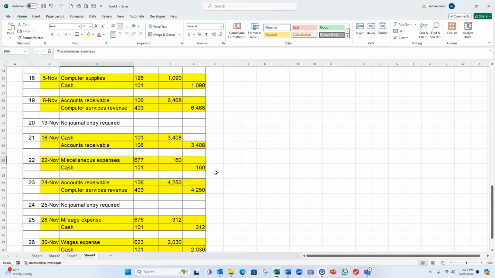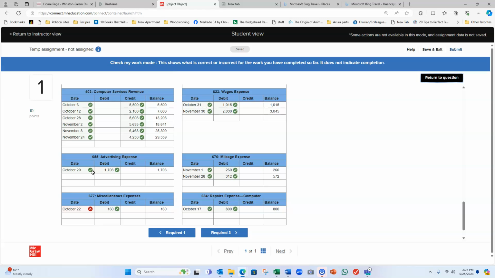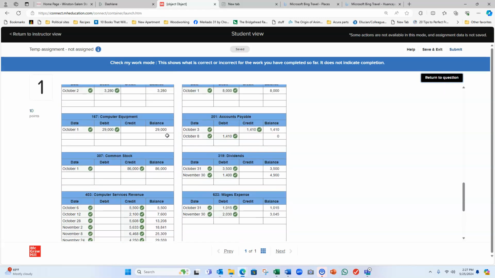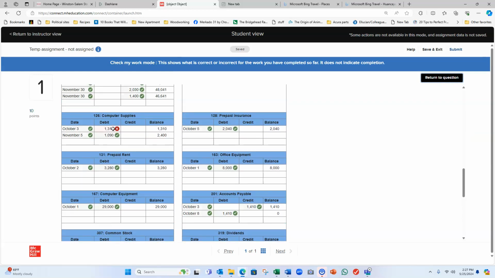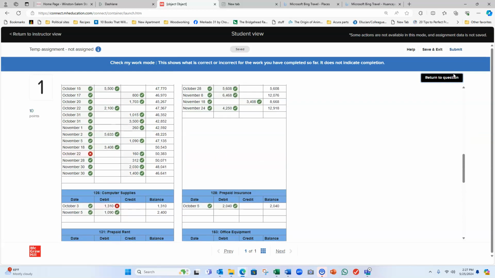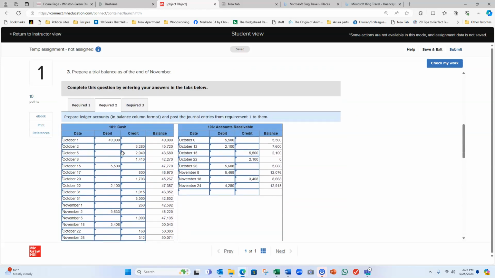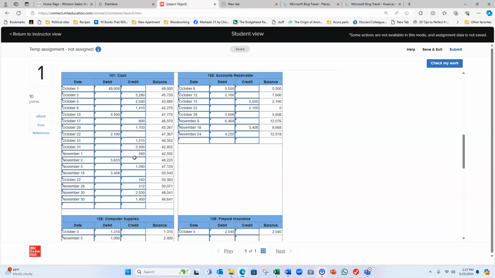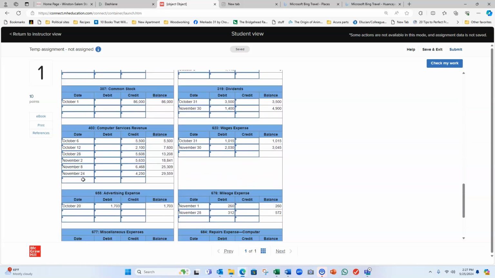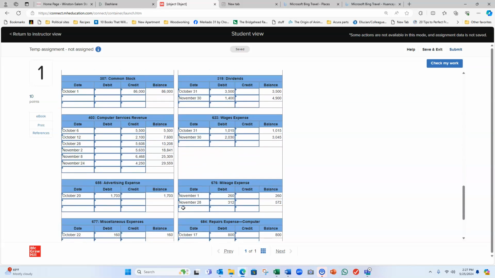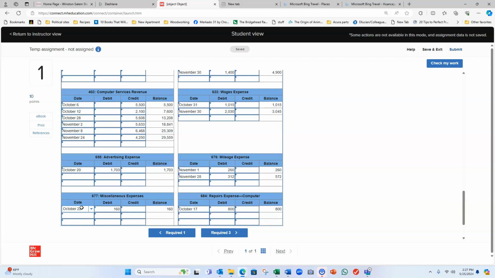Oh, it was November the 22nd. So this here should be November the 22nd. And down here, mileage expense. No, not mileage, miscellaneous expense.